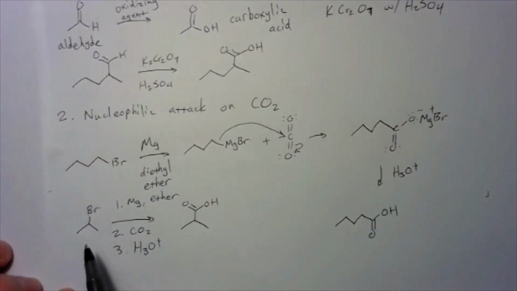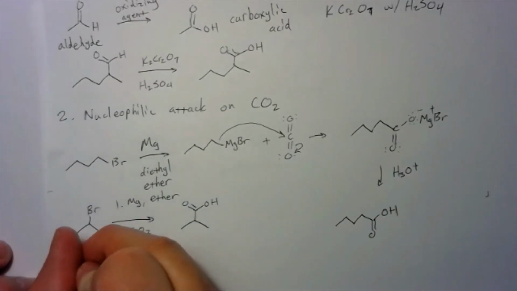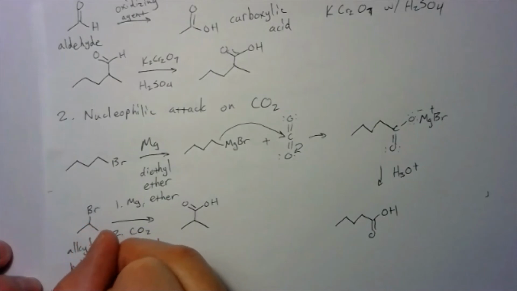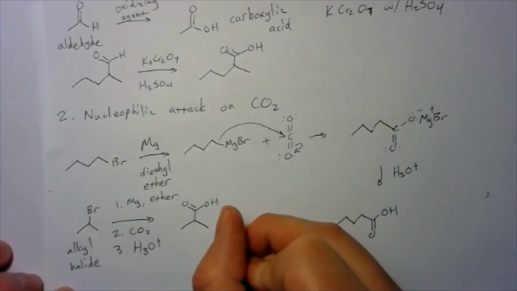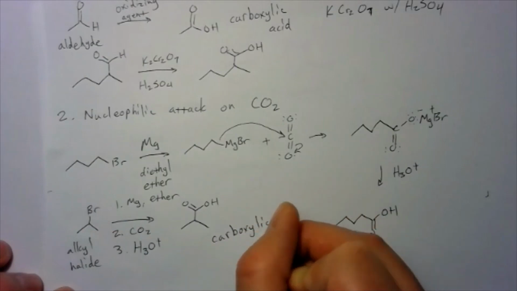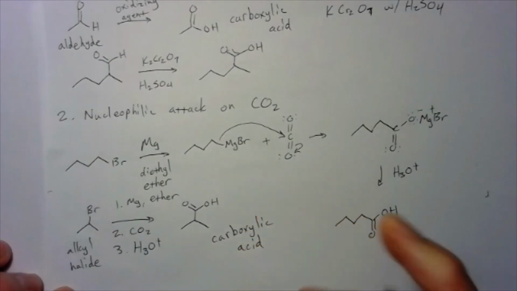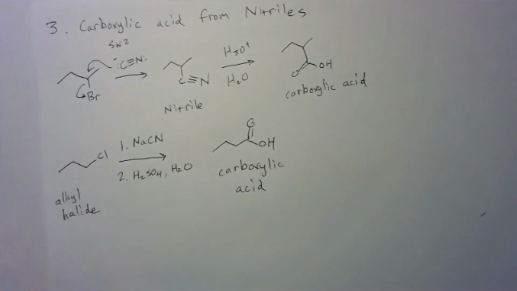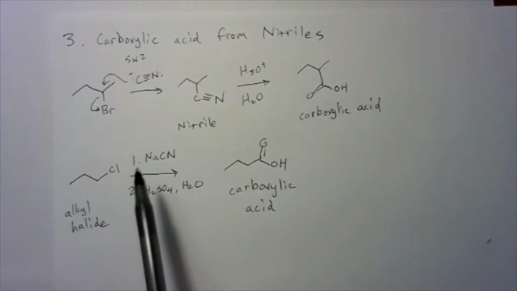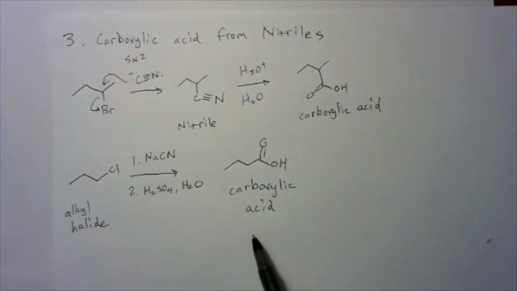This allows us to go from an alkyl halide to our carboxylic acid. And then our third possibility is starting from our alkyl halide and using a nitrile to produce that carboxylic acid.